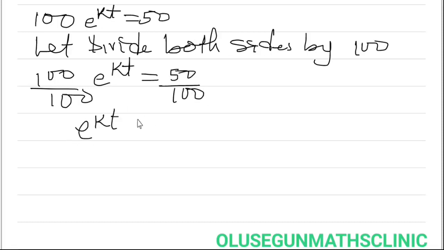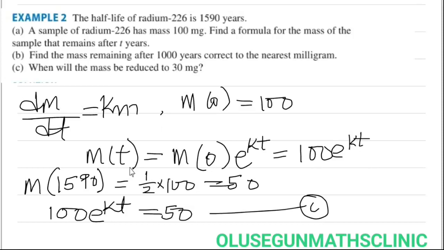So e^(kt) is equal to 1/2. Now I want to find the value of t, because we need the value of k. As I said earlier, the half-life of radium-226 is 1,590 years, so it is this value that we are going to use to get the exact value of k.